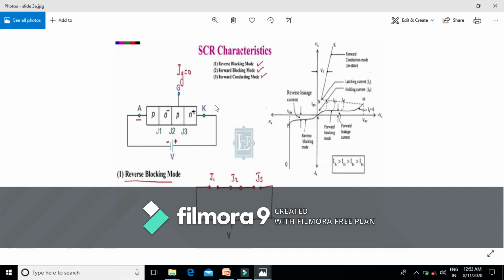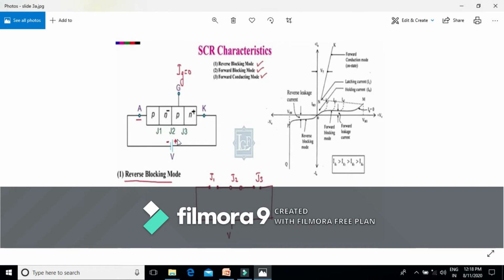Now we know that across this junction J3 we have two highly doped layers, while across the junction J1 we have one highly doped layer, and the other layer is very weakly doped.